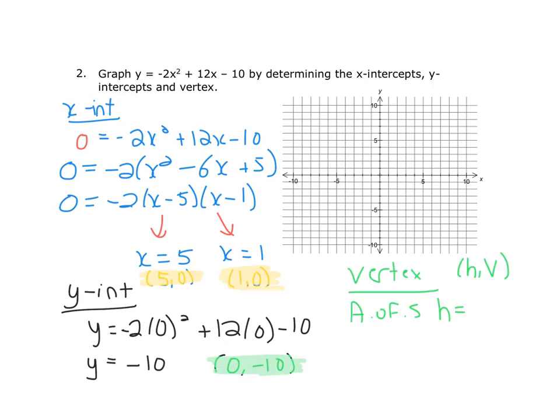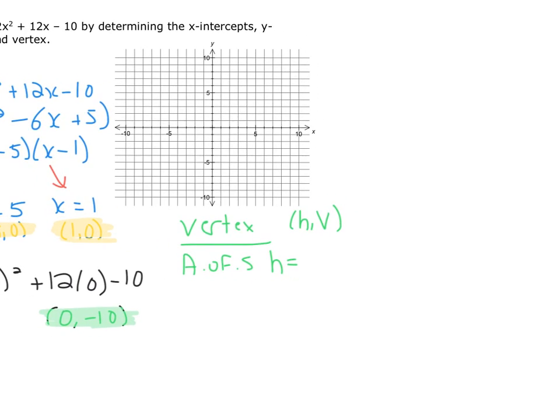So I've highlighted my three main points that I found so far, and now I'm going to find the vertex. To find the vertex, I want to find the axis of symmetry, which is when I take the average of the two x-intercepts. So I'm going to add 5 plus 1 divided by 2. So h is equal to 3.